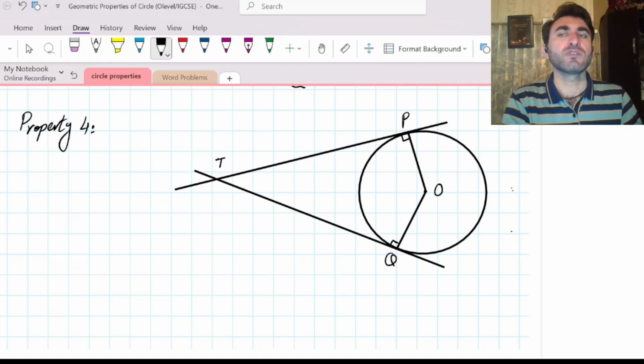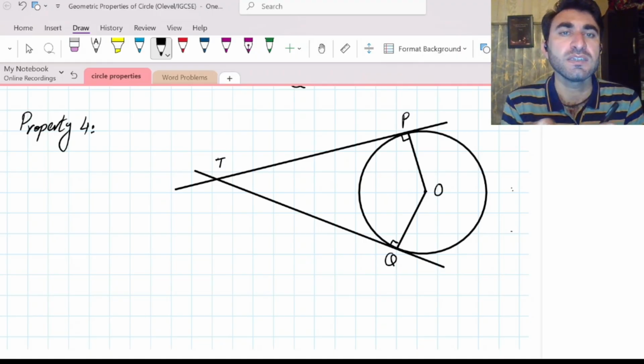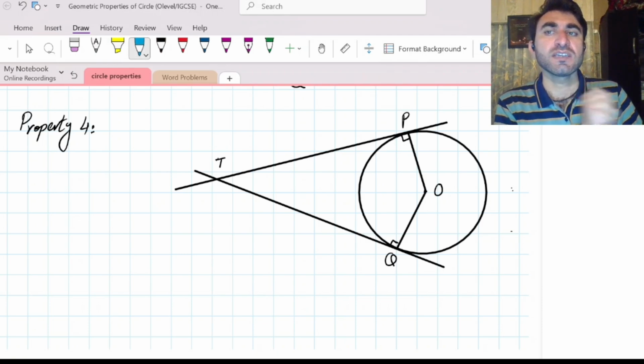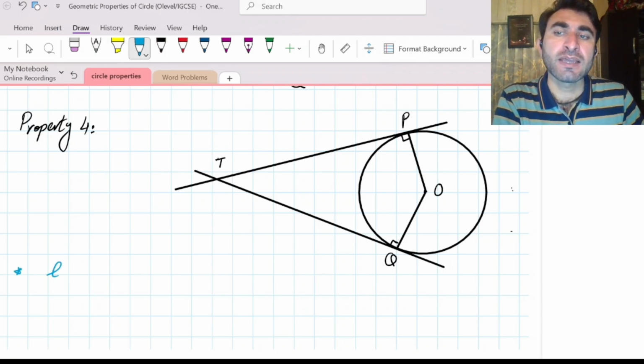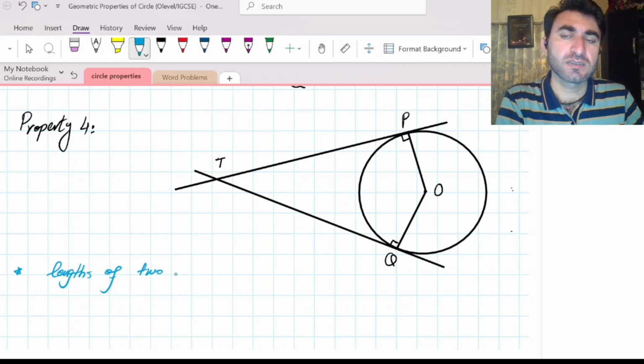Now we have two tangents, one is TP and the other is TQ, and the first statement of this property 4 is that the lengths of two intersecting tangents are equal.